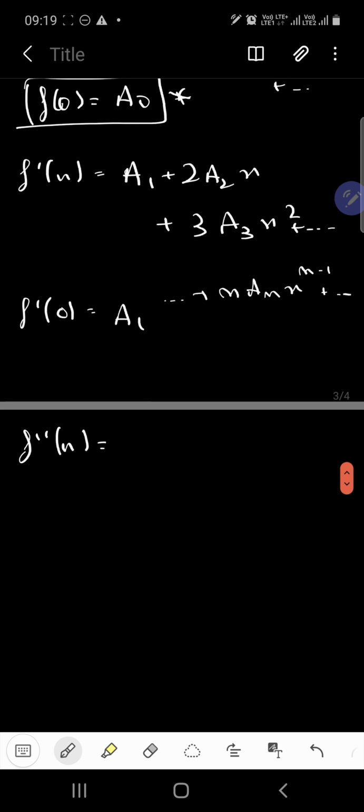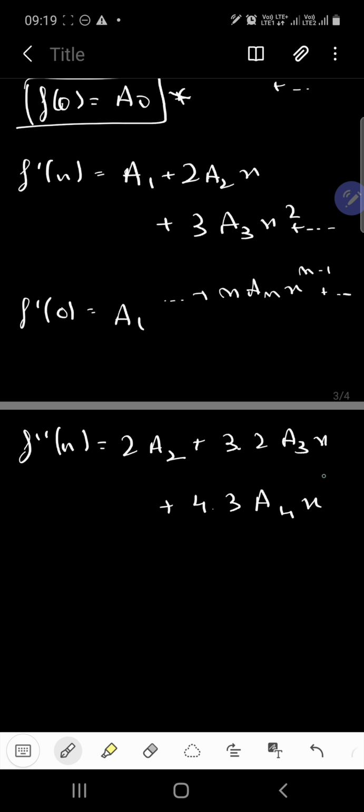Now we find the second derivative. What does the second derivative come out to be? It comes out to be 2a2 plus 3 times 2a3x plus 4 times 3a4x square and so on till we reach n times n minus 1 an x to the power n minus 2.